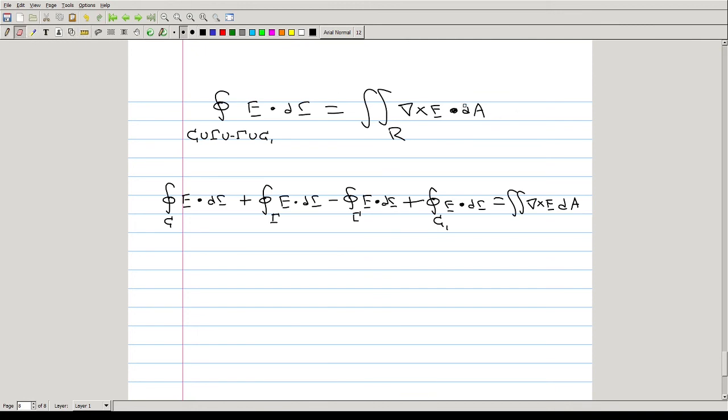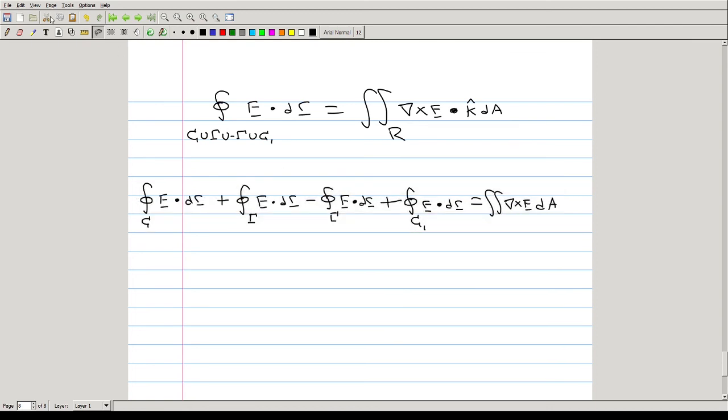And actually I should say, dA you can think of as a vector quantity if you want. This is k dA, but this is dotted with k hat dA. And it's the same thing down here. This is how I typically like writing it.